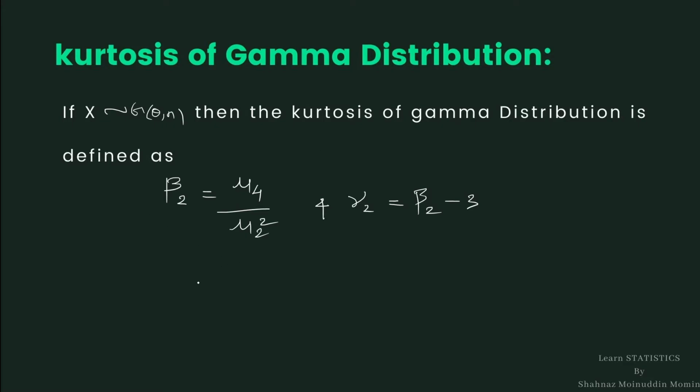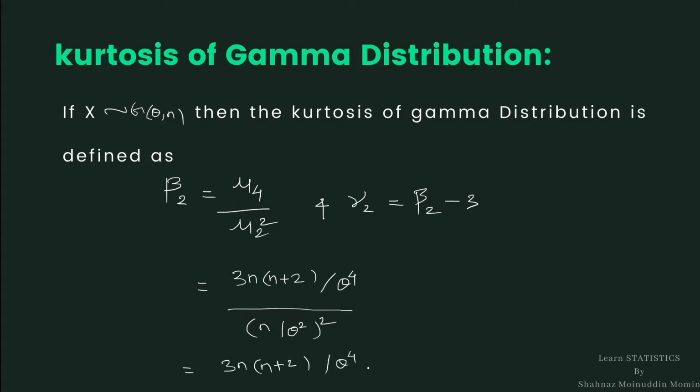Here, by substituting the values of mu 4, we get 3n into n plus 2 divided by theta raised to 4, divided by mu 2 square, n upon theta square raised to 2, which is equal to 3n into n plus 2 divided by theta raised to 4, upon n square divided by theta raised to 4.